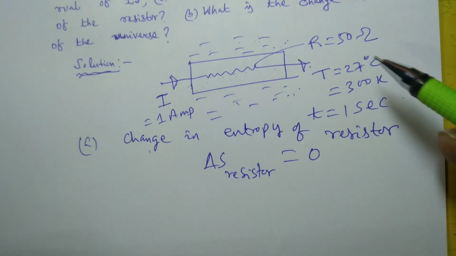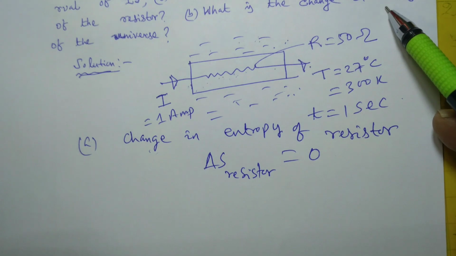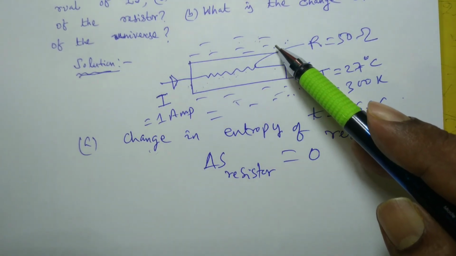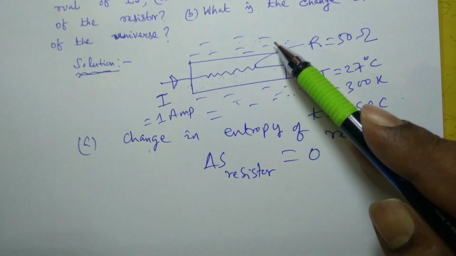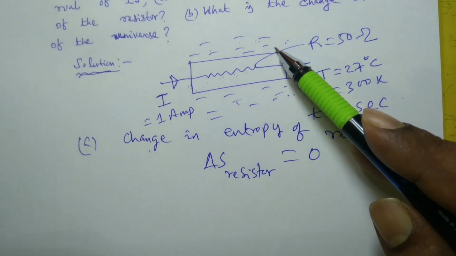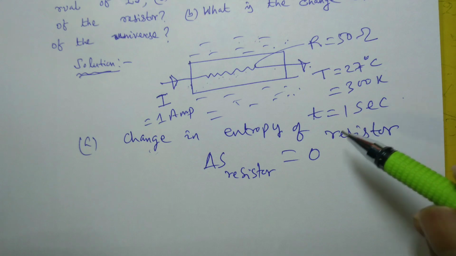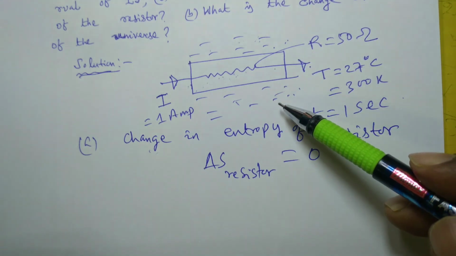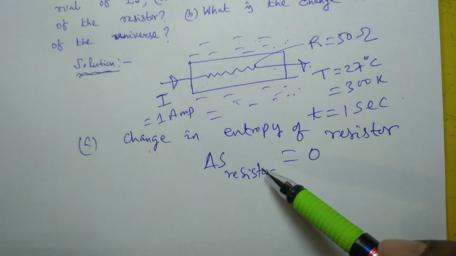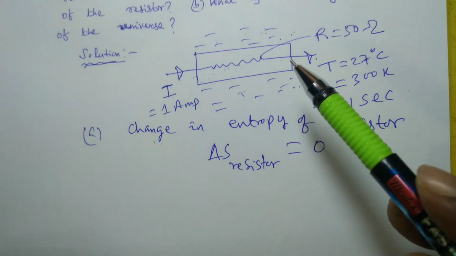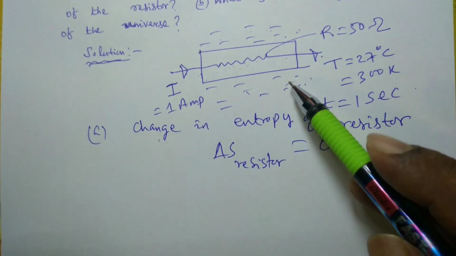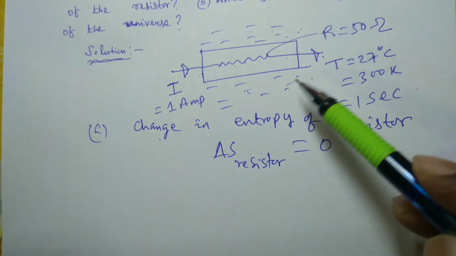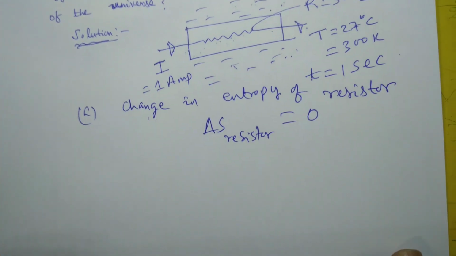But what about the delta S of universe? To find that out, the resistor is there and in its vicinity there is a stream of cooling water which flows nearby. We have to calculate the change in entropy of that water and add it to the delta S of the resistor to find the delta S of the universe, because here the universe consists of these two subsystems: one is the wire and the other is the stream of cooling water.